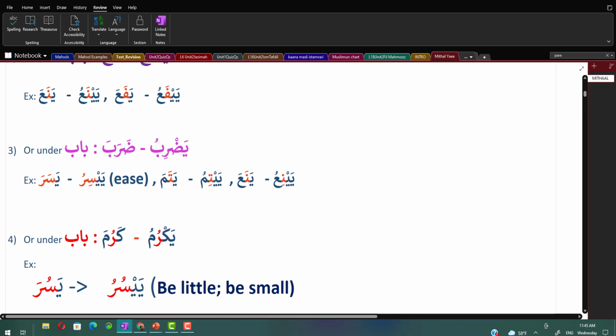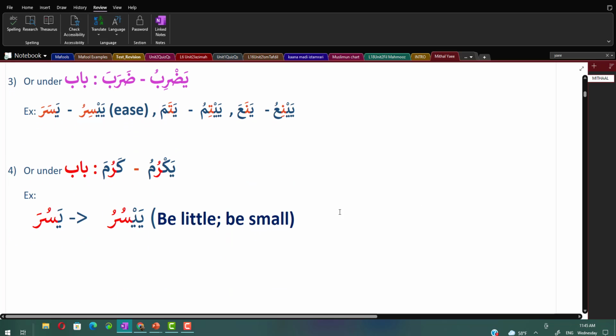Or in family daraba, yadribu. Examples are yasira, yaisiru or yasara, yaisiru, which means to ease. Yatama, yaitimu, yana'a, yainiu.